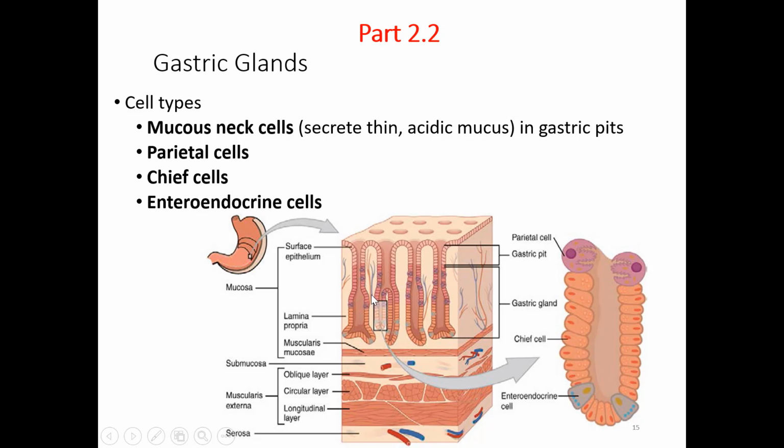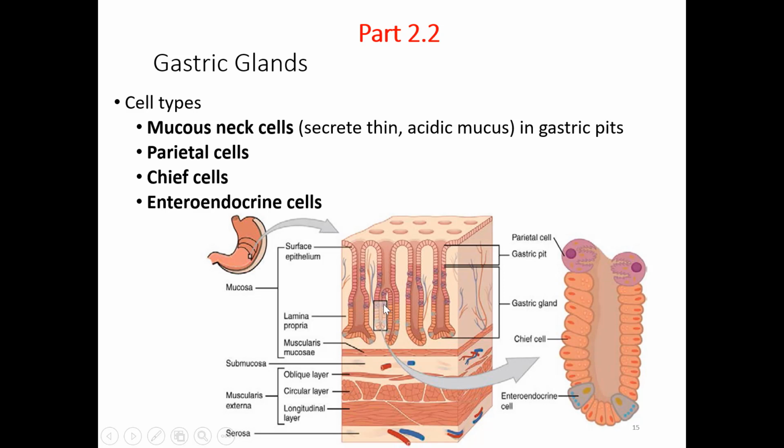Now about the structure of gastric glands. As I told you, right here at the very entrance to the stomach glands, which we call the gastric pit, there will be mucous neck cells. They produce thin mucus. Then deeper, if we look in detail into that part, you can see there are three types of cells there.